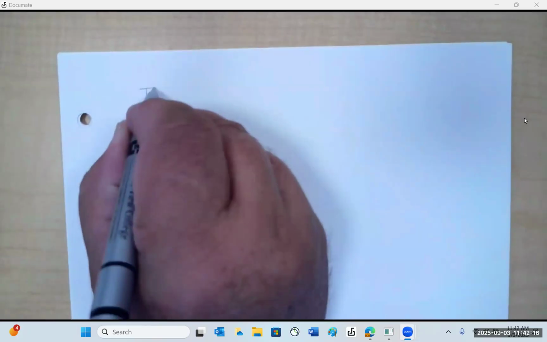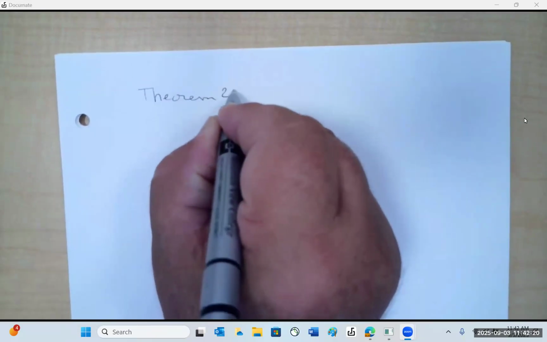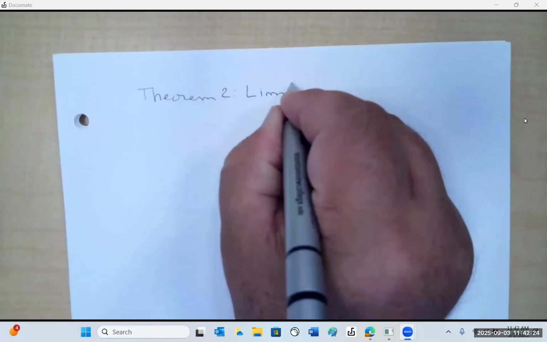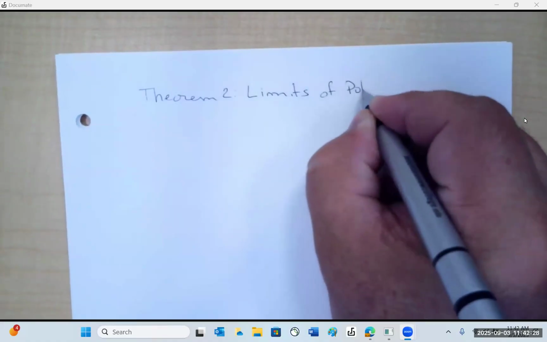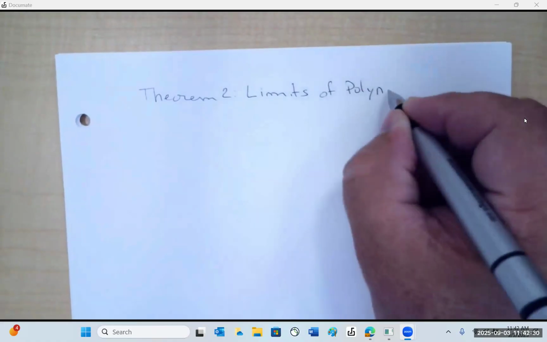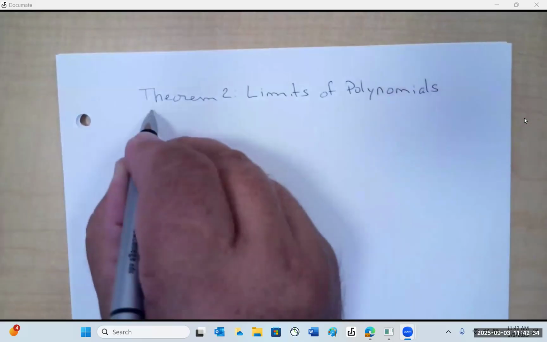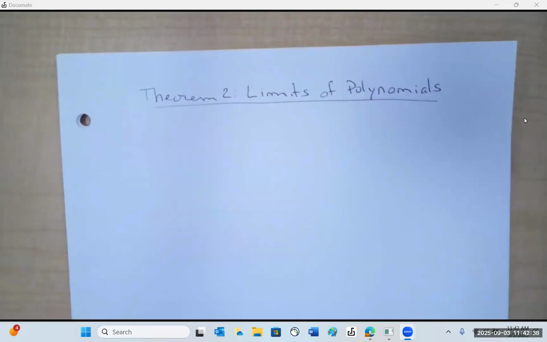Oh, theorem 2. Limits of polynomials. Actually, theorem 2 and 3.